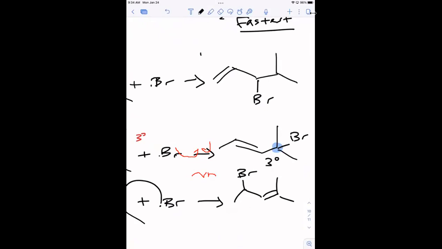So this is going to happen slowest. Even though the tertiary radical is very stable, the actual termination, adding bromine to that site, is slow because of sterics, because you've got those two methyl groups crowding that radical.